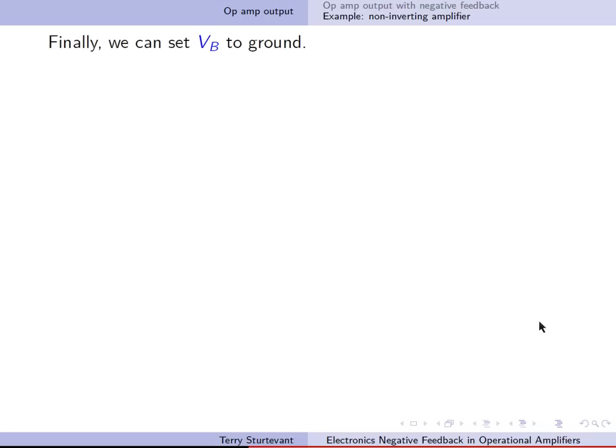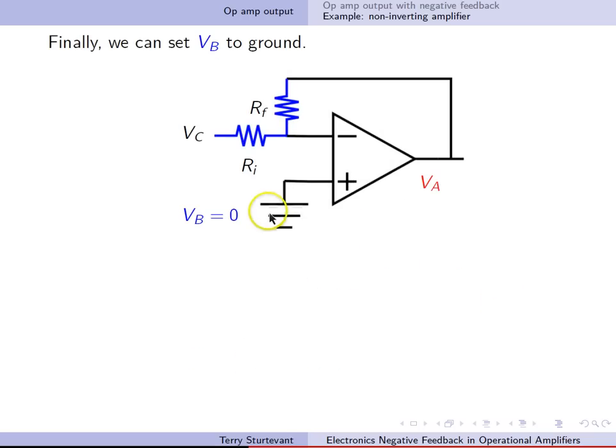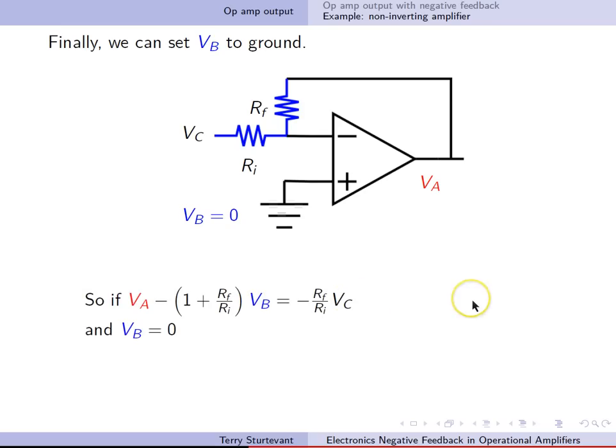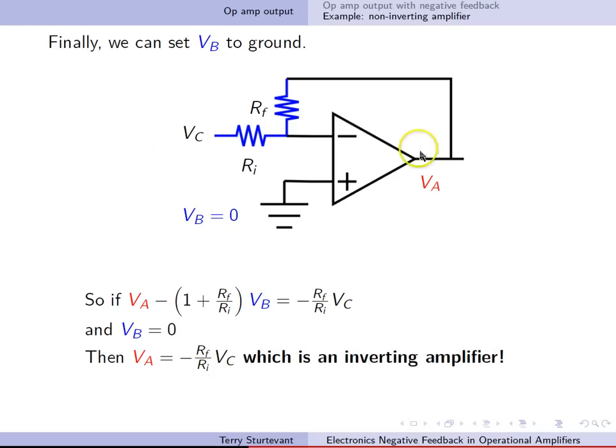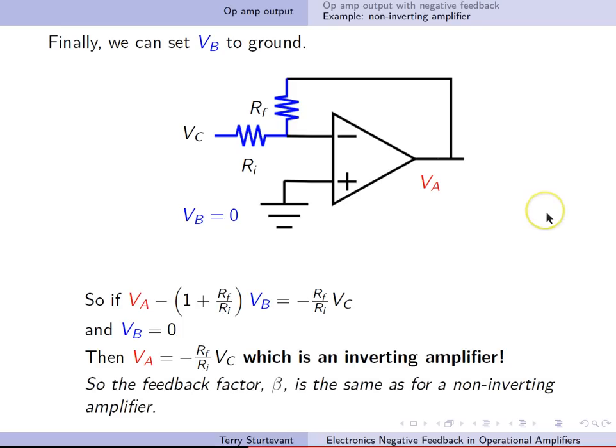So finally, we can set VB to ground in this case. So we get this. And so VA equals minus RF over RI times VC. And you'll notice this is actually just an inverting amplifier. So we've taken the non-inverting amplifier and just rearranged it, and it's an inverting amplifier.